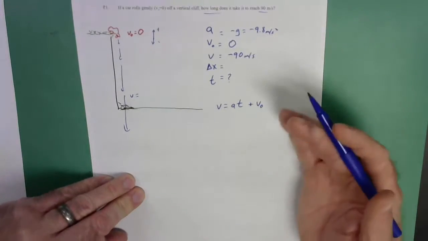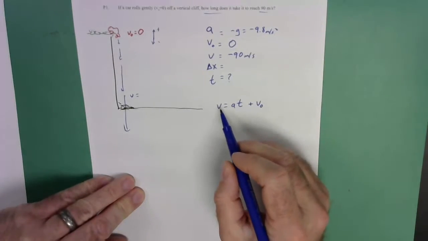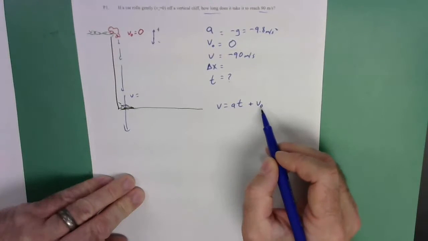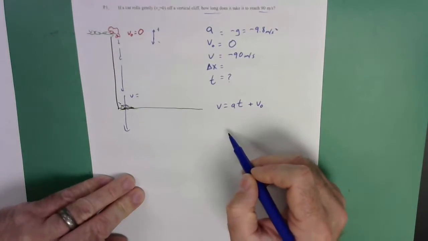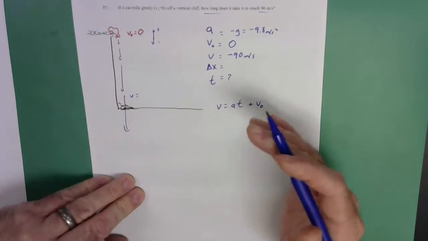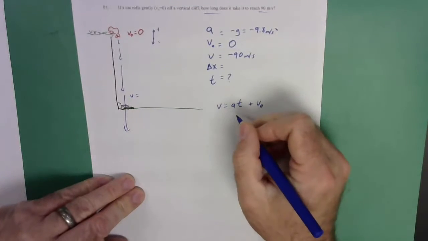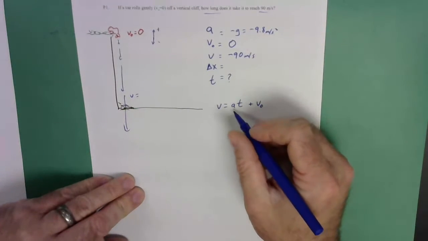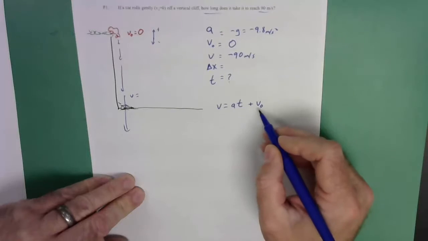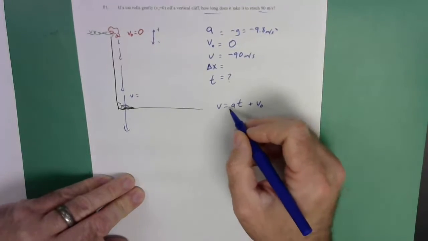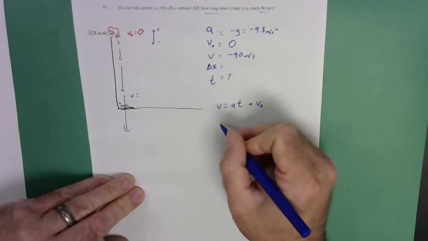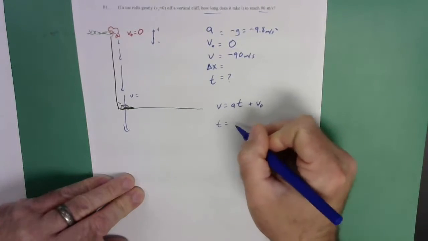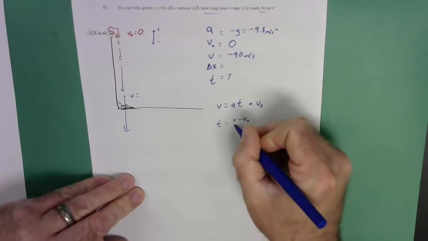Now, some people are much more comfortable substituting all the numbers in and then rearranging. But for reasons that will become more obvious the further you go in the course, it's oftentimes nicer to rearrange first with just the variables and then plug the values in. So if I rearrange for t, t is equal to v minus v naught over a.